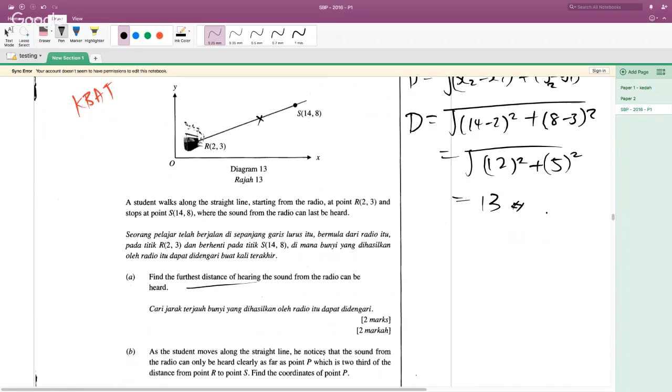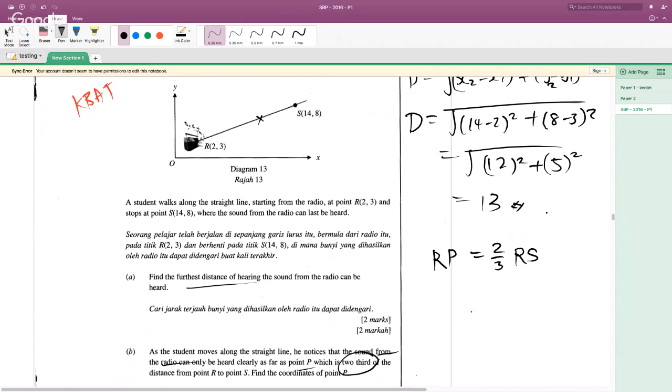The question gives you a ratio. The sound can be heard clearly as far as point P from the radio, from the radio to point P. So I can say RP is equal to 2/3 of the distance RS.